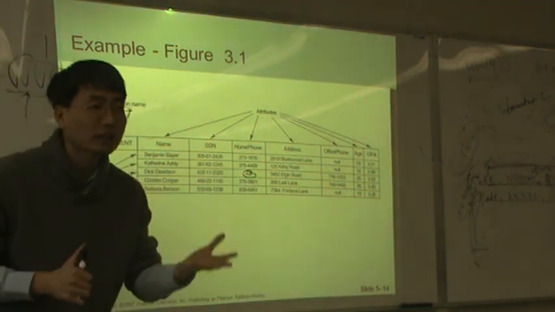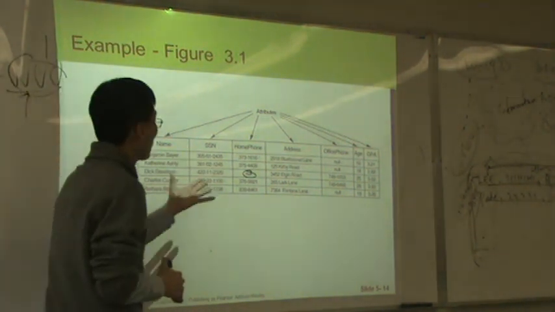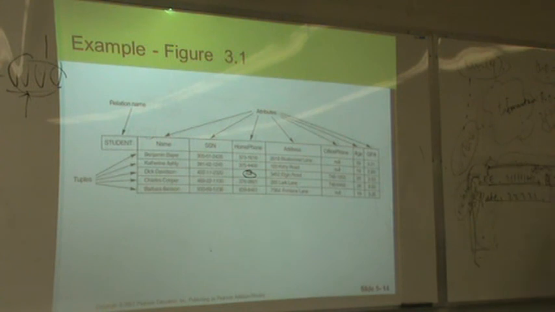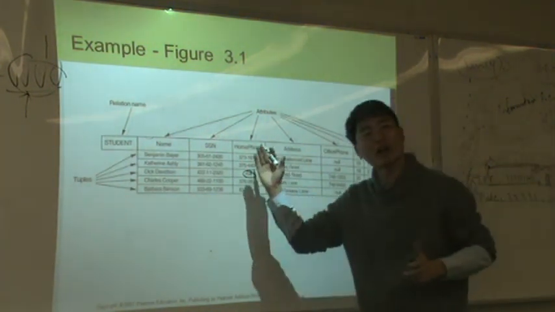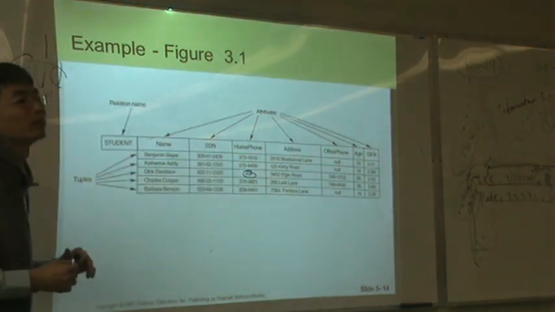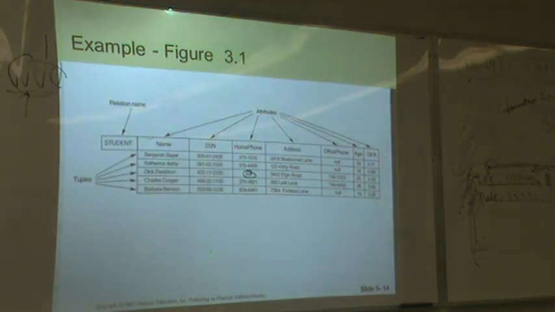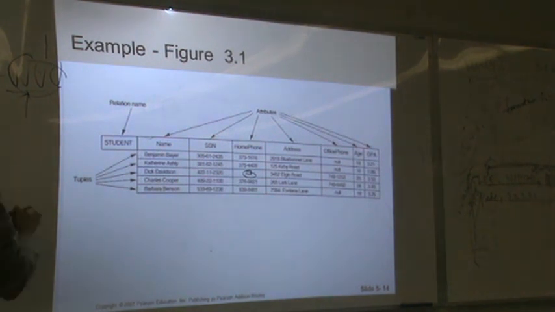Is it real data, NULL? However, when you check the home phone domain, there's no data like NULL, but it's in here. What does that mean? Can you remember this symbol?